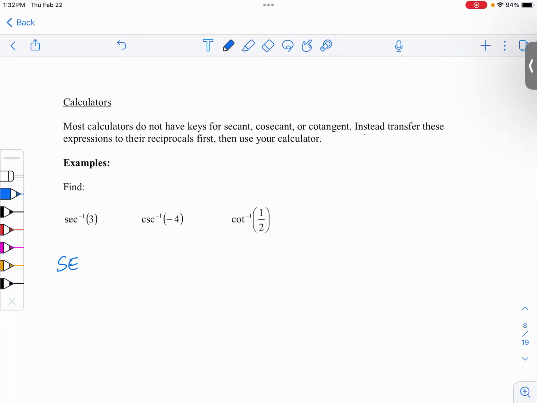So secant inverse of 3 becomes its reciprocal, cosine inverse, and I flip the reciprocal of what I'm doing the inverse of. So it's both pieces. And then the point of that, then calculator away.